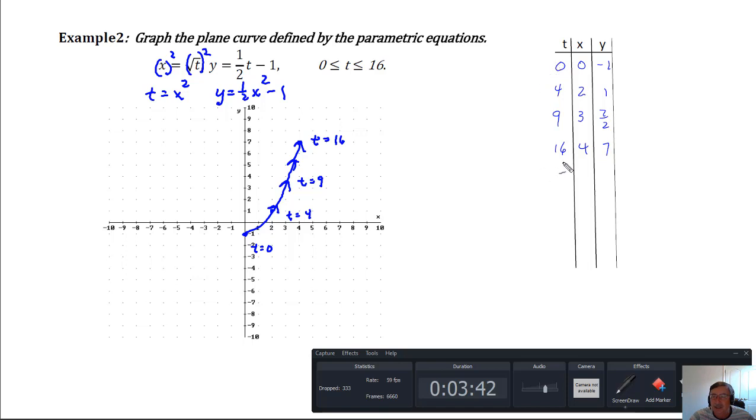So notice when t was within these 0 to 16 parameters, our values for x were between 0 and 4, so they may want you to put this in some of the homeworks you will encounter, and the range or y values would be between -1 and 7, so watch out for those.